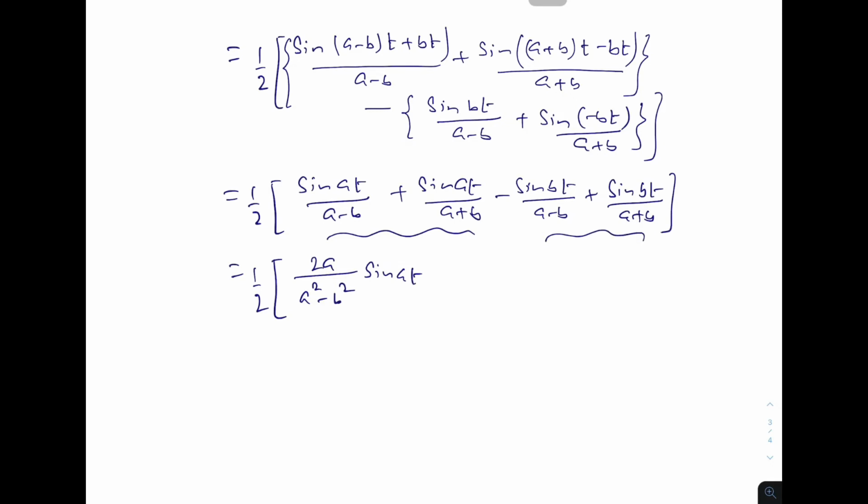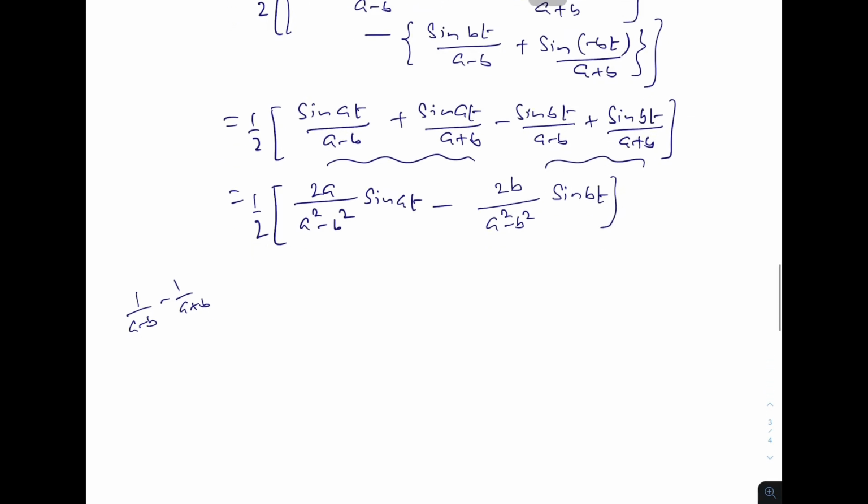And here we take minus outside, so you can have 1 over a minus b minus 1 over a plus b, and so a square minus b square is our LCM, a plus b minus a plus b, so you have 2b sine of bt.